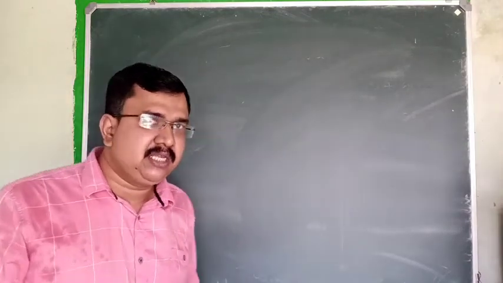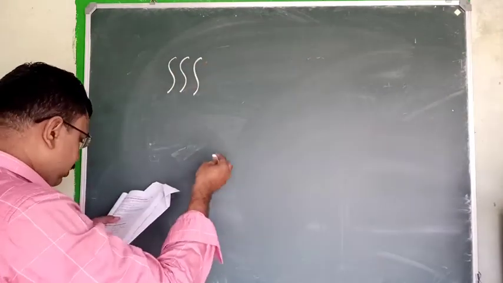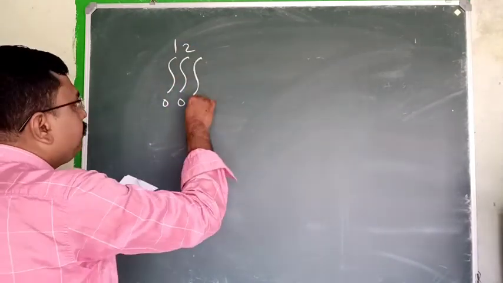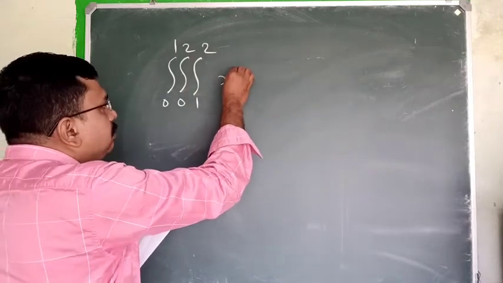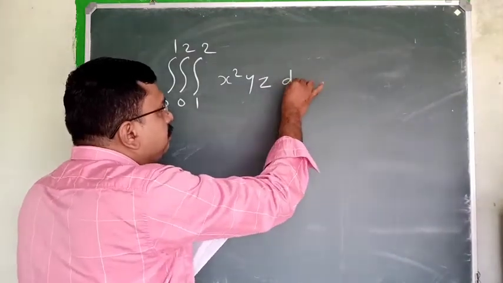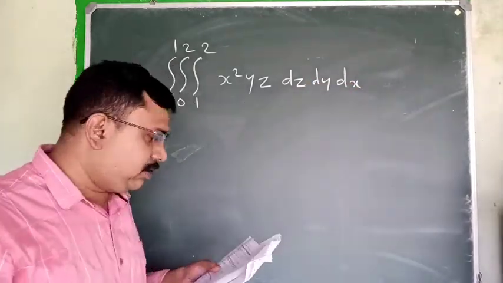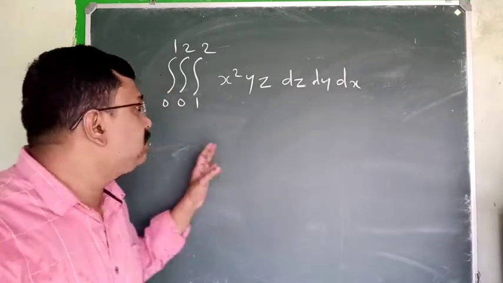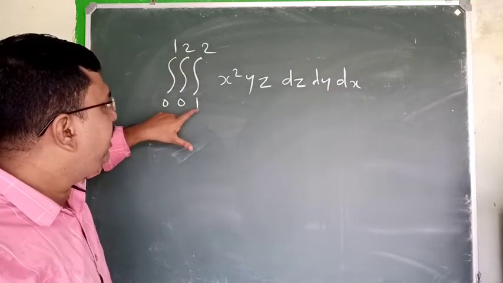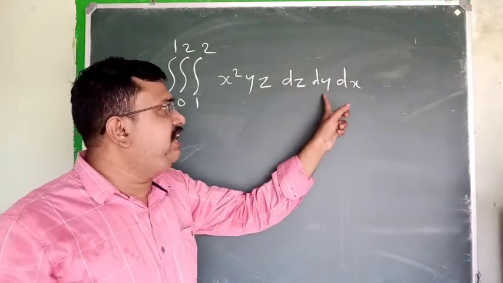Our first question is, evaluate the integral from 0 to 1, integral from 0 to 2, integral from 1 to 2 of x square y z dz dy dx.